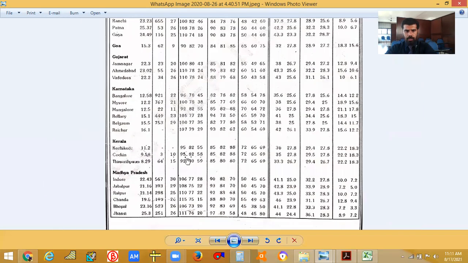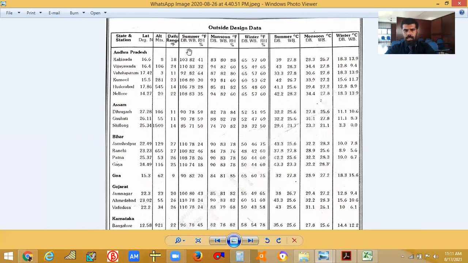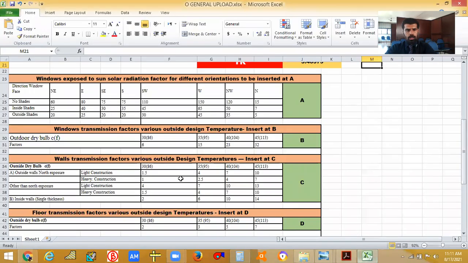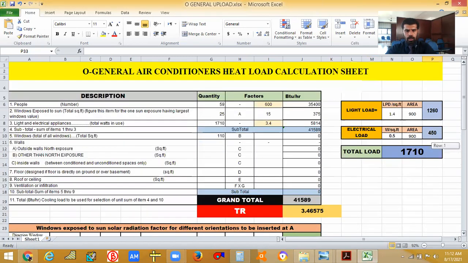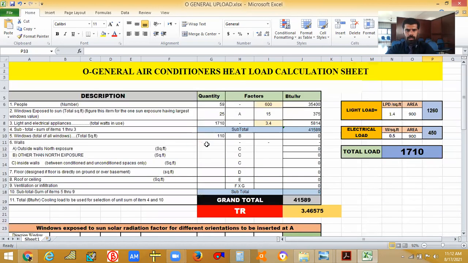So 95 degree Fahrenheit is my outside temperature, which means almost 35 degrees Celsius. So what is my value? It is 15. So I have to insert at B. I'm going to insert 15 here.